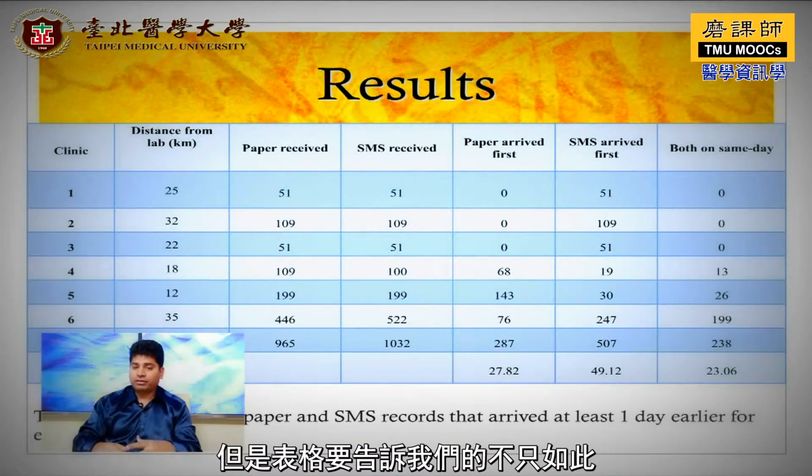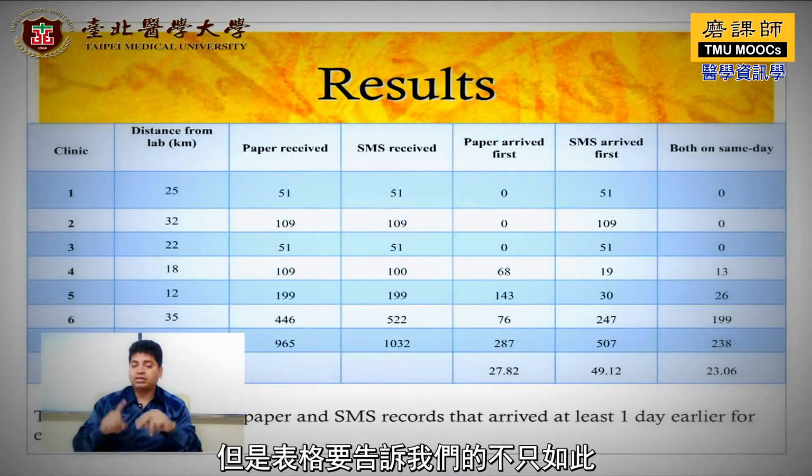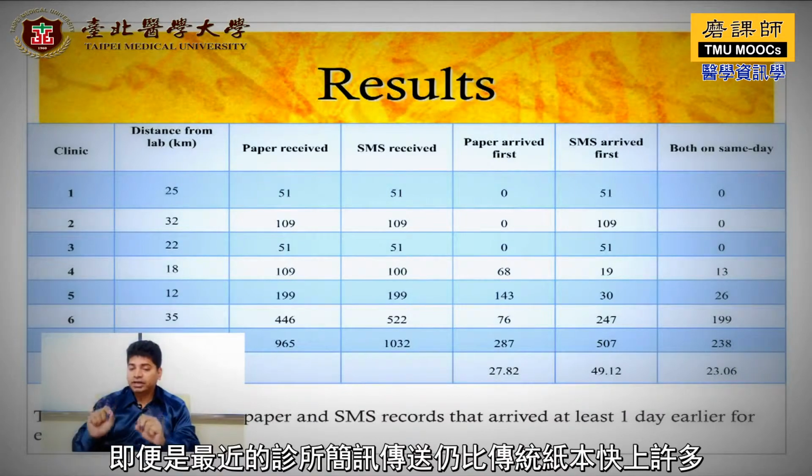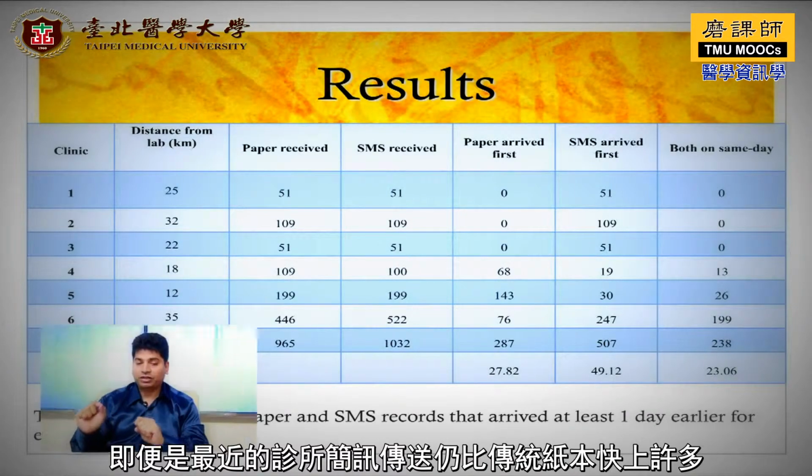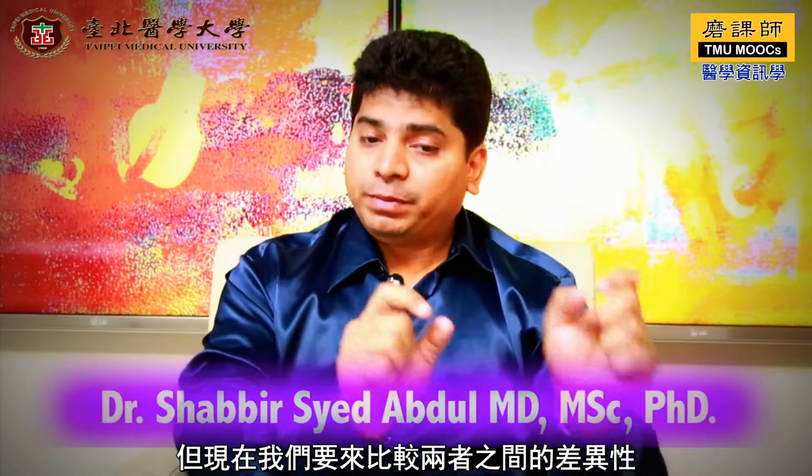And this was not enough. What we did is, if you see our results in table 1, the number of paper and SMS records that arrived at least one day earlier for each clinic, and you see there are 6 clinics, and both received paper and SMS. Now we are comparing how many paper results they have received and how many SMS they have received.